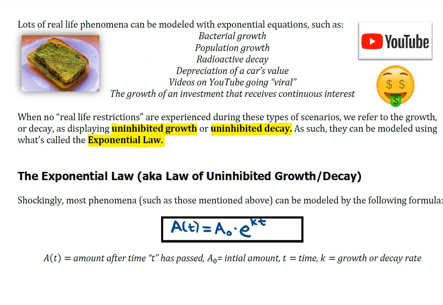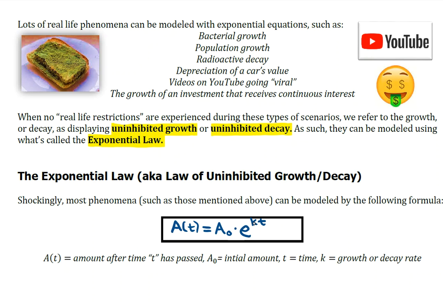That said, I do want to discuss the different components of it. I already mentioned that A of t is the function notation standing for the amount after time t has passed. So if we knew a value of A sub 0, which by the way is known as an initial amount, e is the 2.7-ish number.